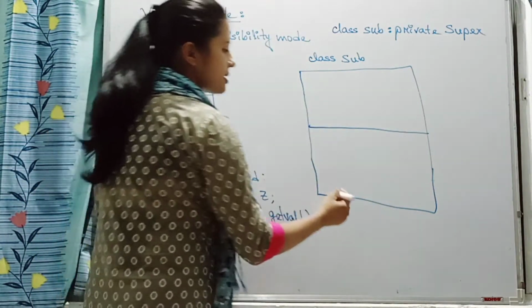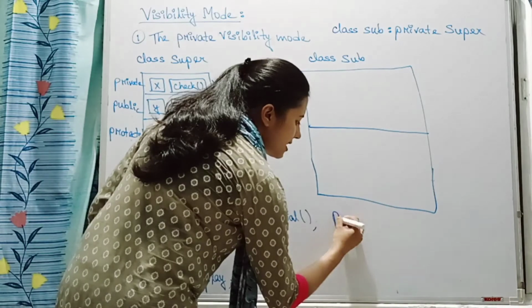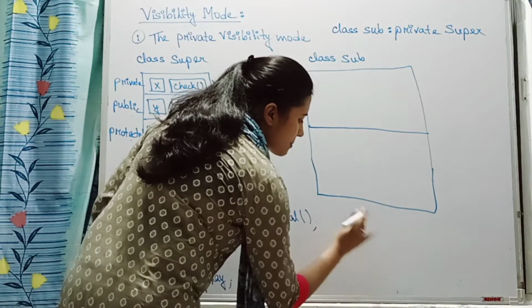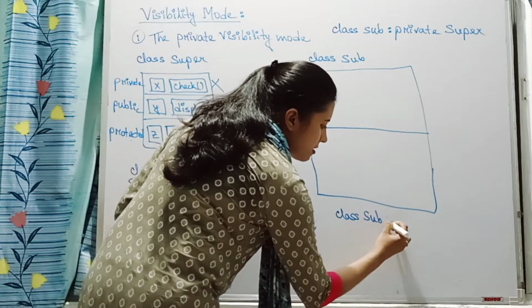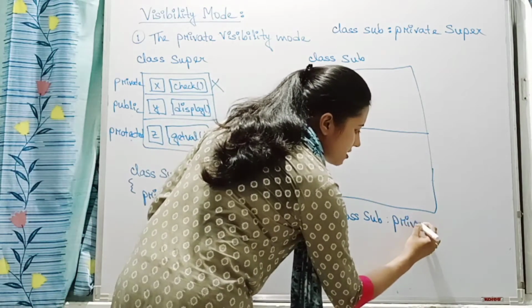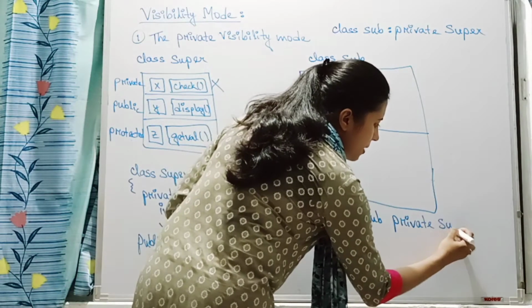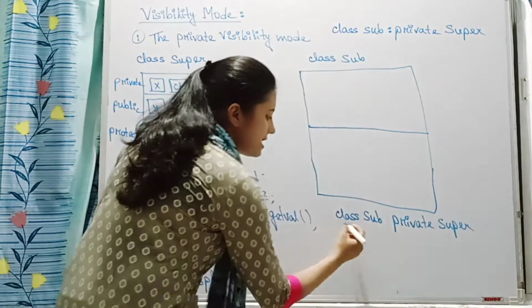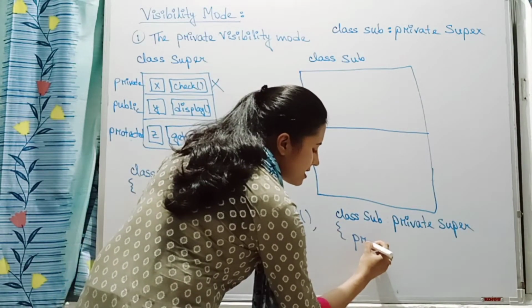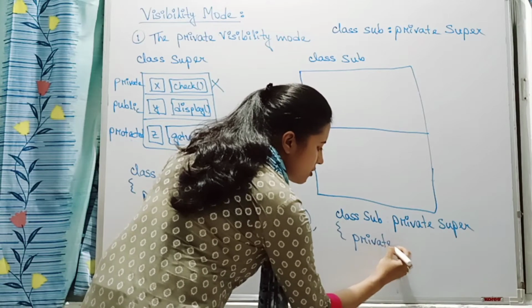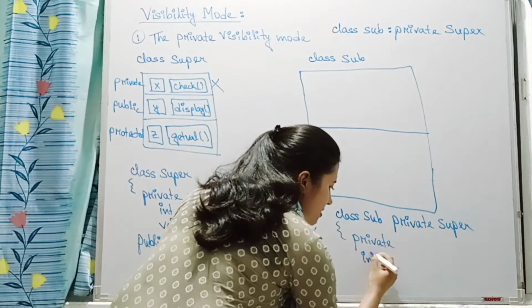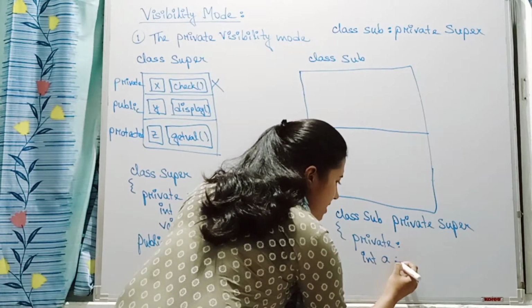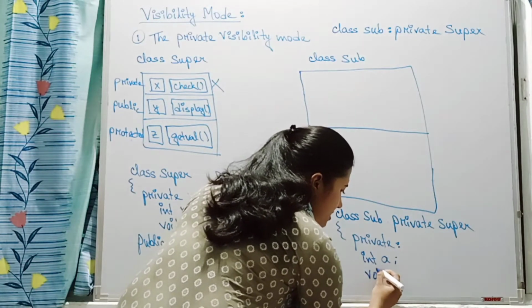subclass. So suppose this is the subclass definition: class sub, private super. Here, under the private section, we are defining A and void init.